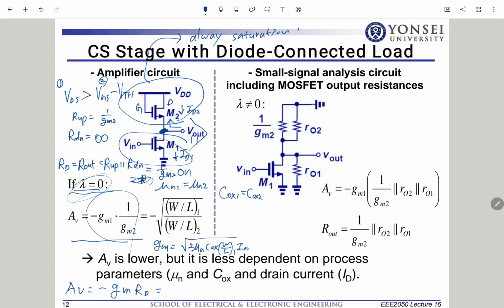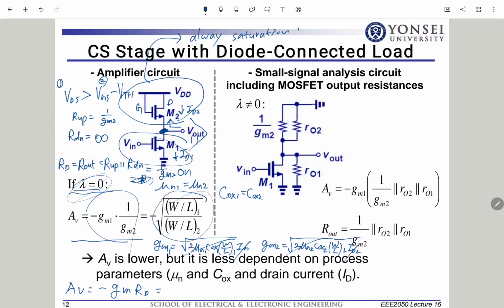So here's gm1, and gm2 is square root of 2 mu n Cox W over L2 ID2, right? So these cancel out, and also ID cancels out.